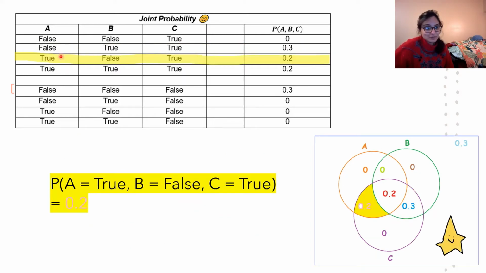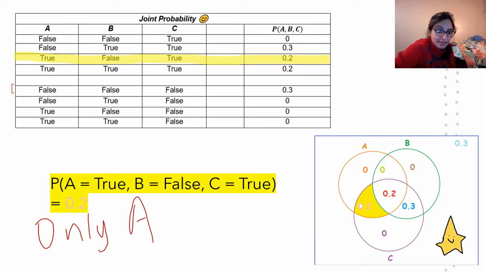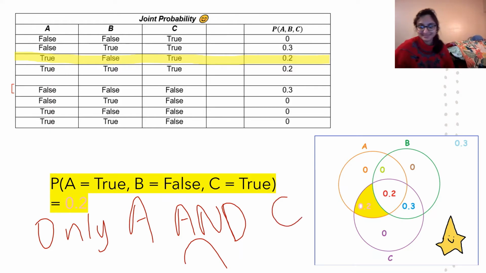Now, similarly, we're just going to look at A is true and C is true, but B is false. So that's going to be equal to only A and C. This is just the part of A, this orange part here, overlapping with this purple part, but it cannot include this green part inside, which is B. Even though A and C combined also include this, since B is false, we cannot include this part.